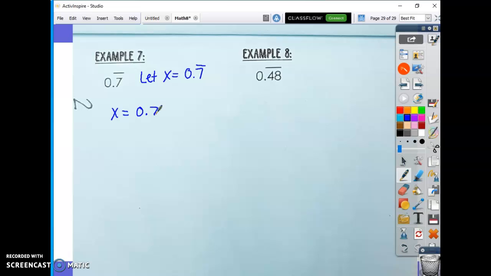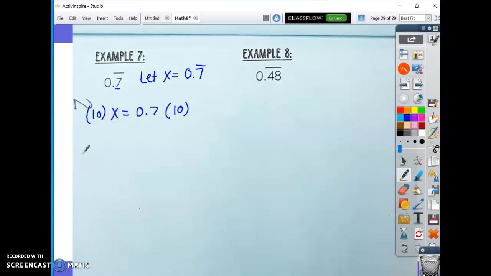And just like previously, let's look. My number furthest from the decimal place is in the tenths spot. So instead of putting my decimal over 10, we're going to multiply both sides by that 10.